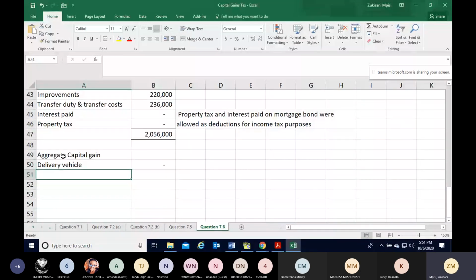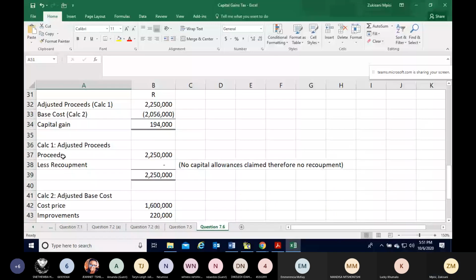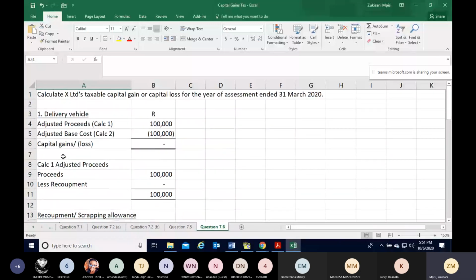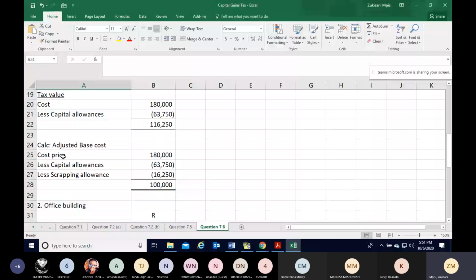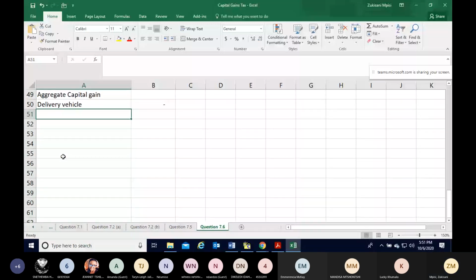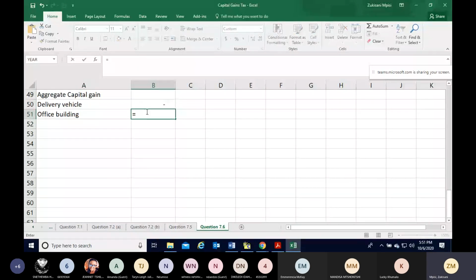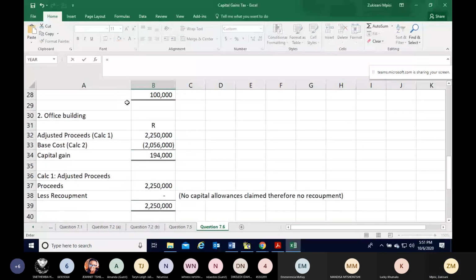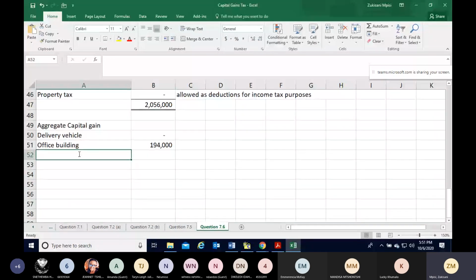And then we have transaction number 2, which is the office building. The office building is therefore 194,000. And here we have an aggregate capital gain of 194,000.